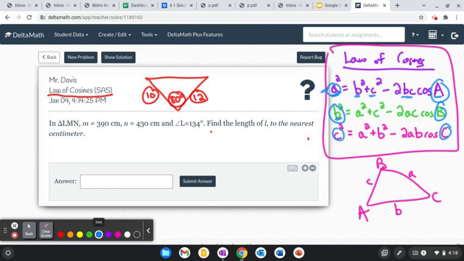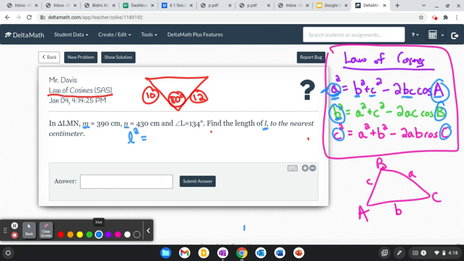So you can see this pattern. The A's, B's, and C's aren't really so much important, but the pattern of what's happening here is what is important. Because in all of these questions, whether they're L's, M's, N's, or DEFs, and the like, we're going to be given those, and we're going to be asked to find, for instance in this one, little L. So then we're going to start with little L squared as our starting spot. So here's what it's going to look like. We're going to have little L squared equals, and now we're given the other two sides here.